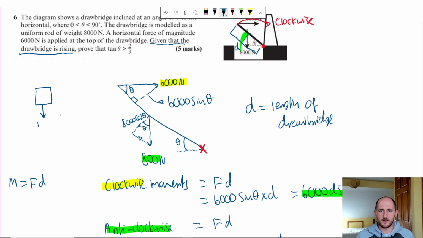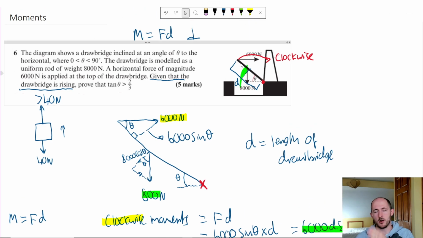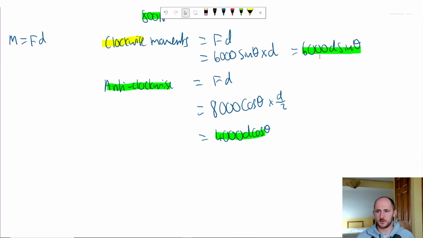If this is 40 newtons, and I put a force here and I say the object is going upwards, then you know that the force upwards has to be greater than 40 newtons because we're lifting it. The same thing works for moments. Because the drawbridge is going clockwise, the clockwise moment has to be bigger than the anti-clockwise moment. So in other words, 6,000 d sine theta has to be greater than 4,000 d cos theta.